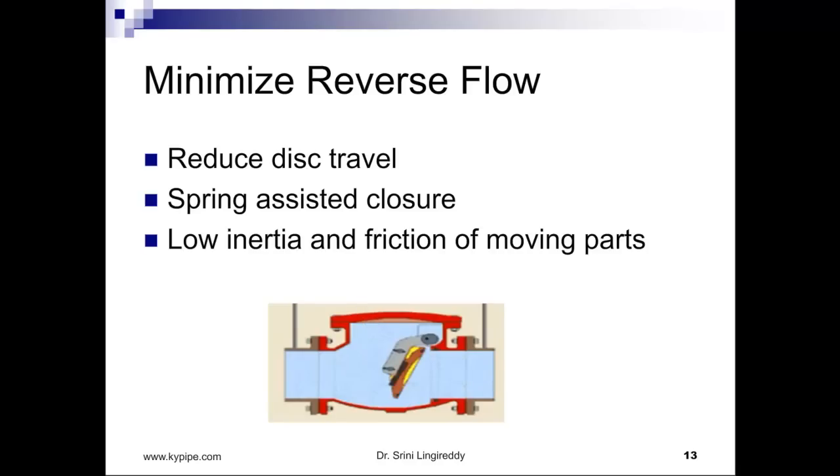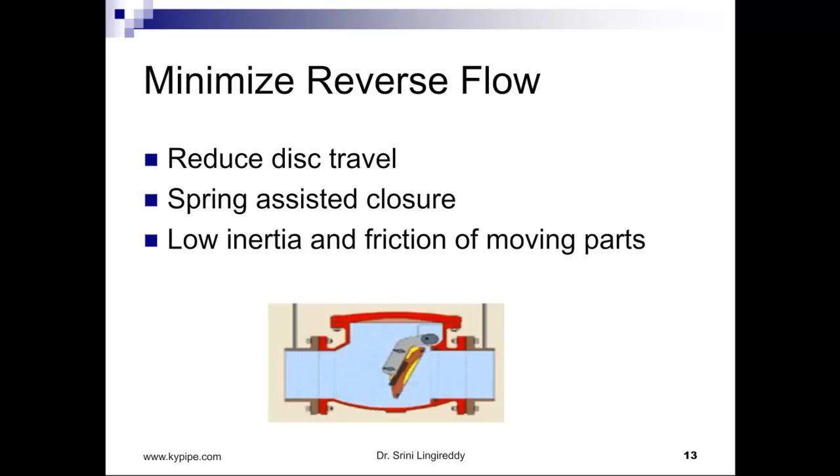Clearly, if we can reduce how much distance the disc needs to travel, we will have a shorter travel, meaning shorter time for the flow to establish in the reverse direction, and less change in the velocity because of that. So we would like to have a disc that travels the minimum.